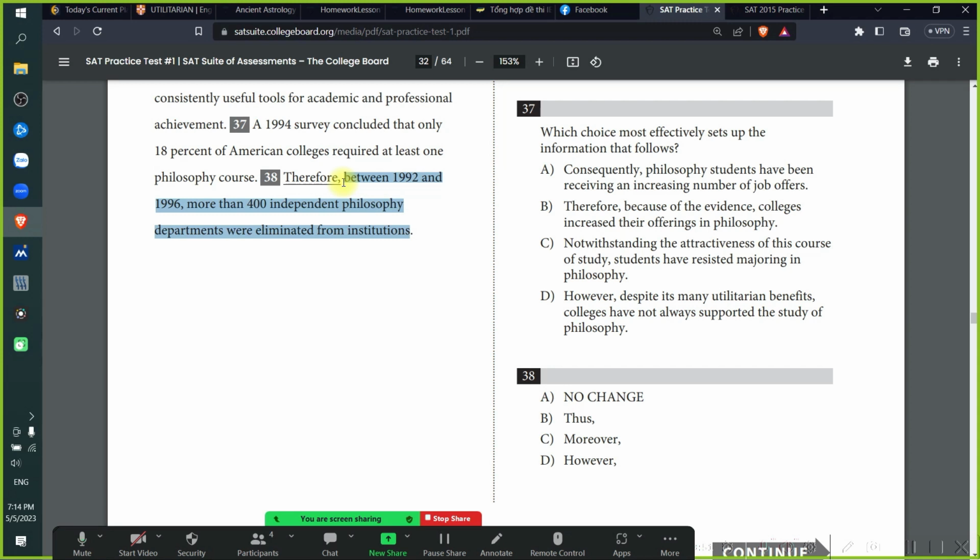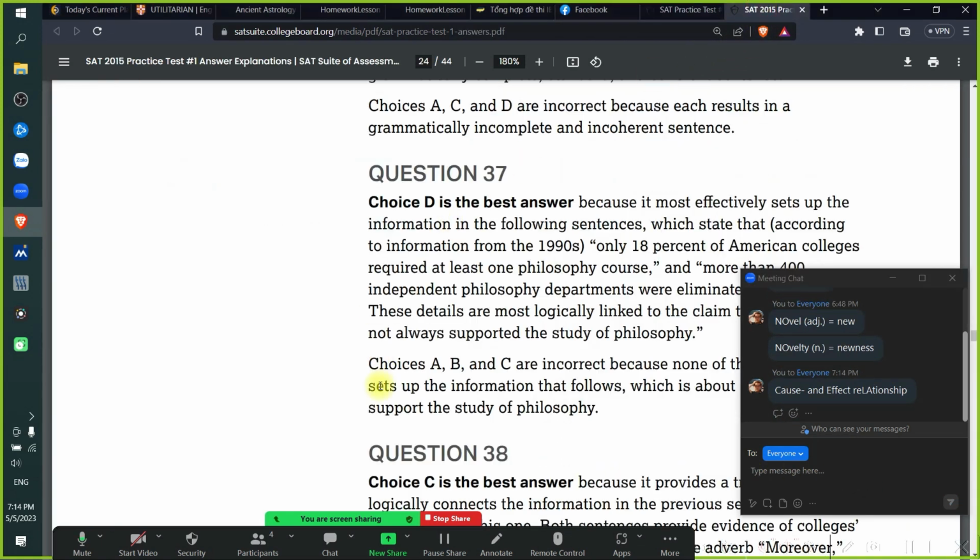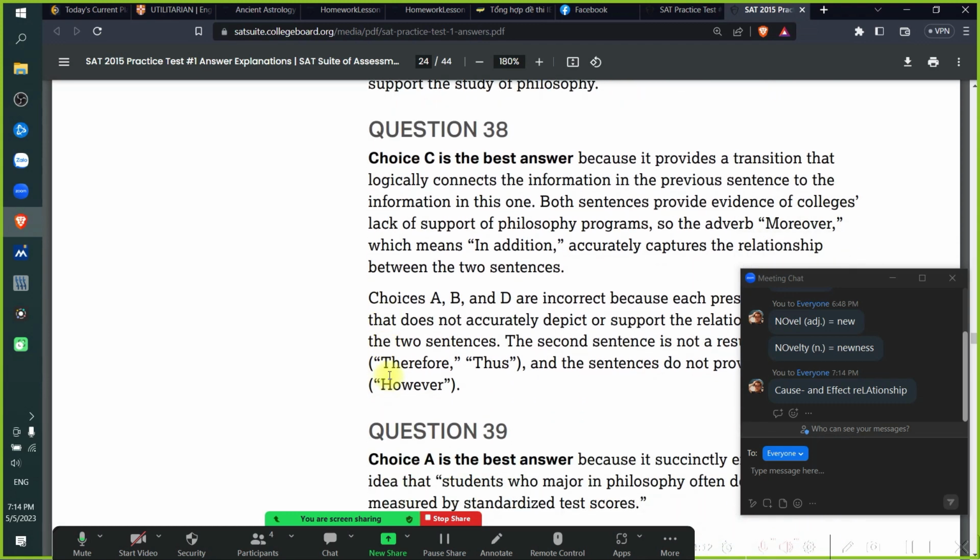Cái này nó giống như là nó cho thêm thông tin phụ thêm rồi đó. And it doesn't give a cause and effect. Nó không có cho một cái kiểu quan hệ nhân quả. Cause and effect relationship. Quan hệ nhân quả nó không có phải vậy. It's just more information. So 38 is moreover.